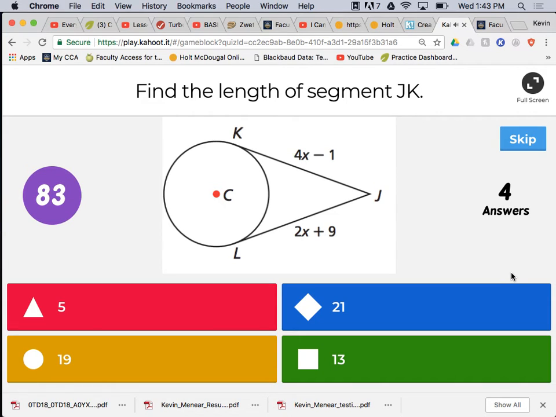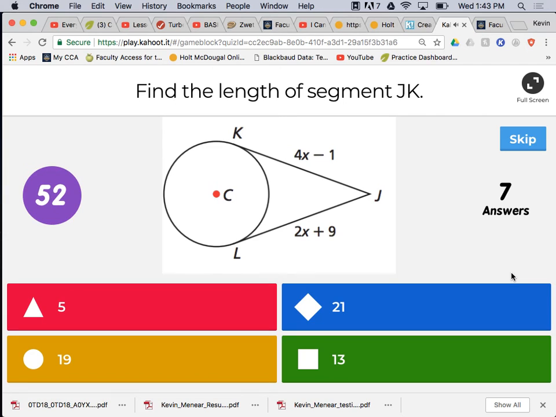Good job. No, careful. That's solving for X, but you're not just solving for X. Oh, the length of the segment. It's wrong, but at least we know what X is.